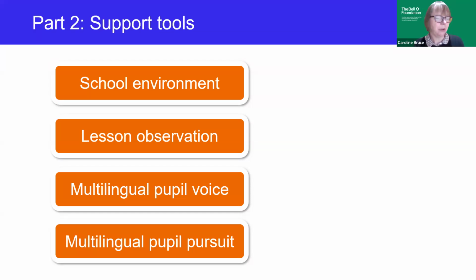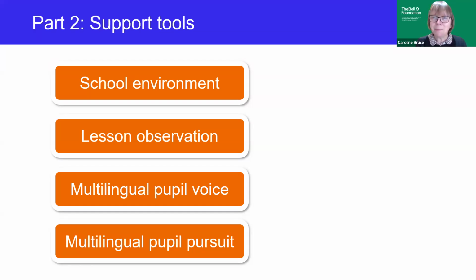So all of these mini tools are freely available in the same place on the website and included as part of the whole school evaluation toolkit. The forms are all editable. You can record the input digitally, but they can also be printed out so that you can use paper copies and handwrite on those if you prefer.